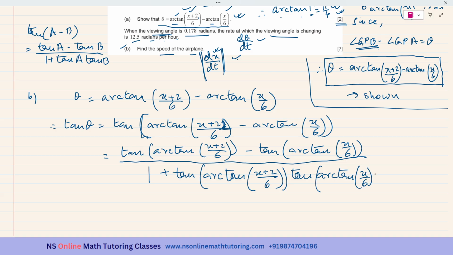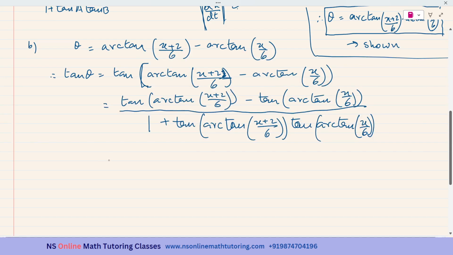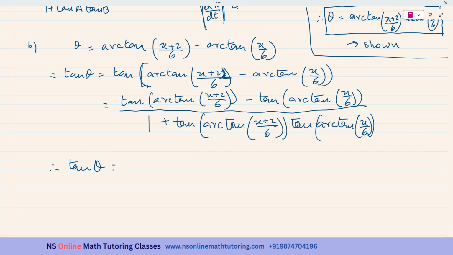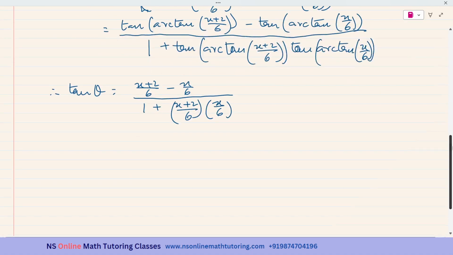of x over 6. Okay, and tan and arctan are inverse functions, so therefore tan theta is equal to x plus 2 over 6 minus x over 6 over 1 plus x plus 2 over 6 times x over 6. Much more manageable, I think.